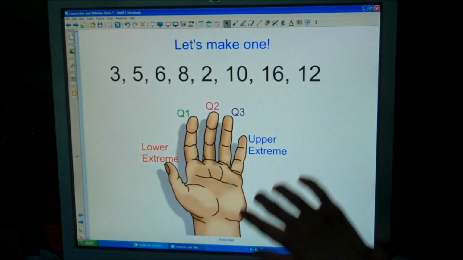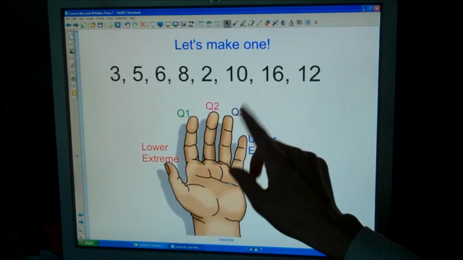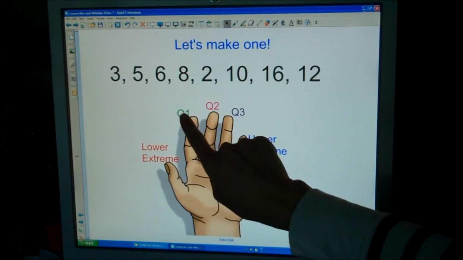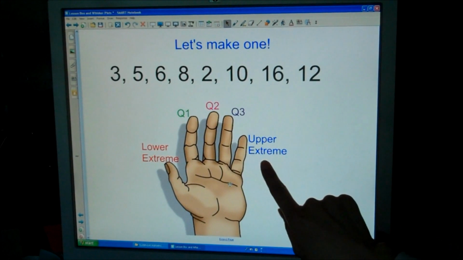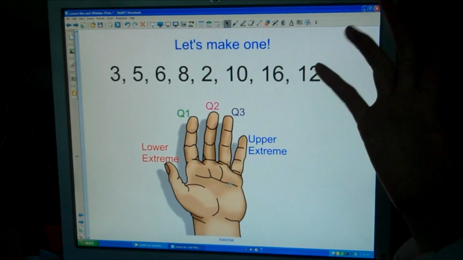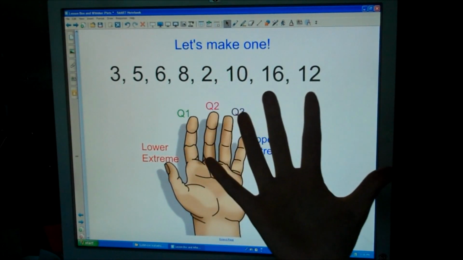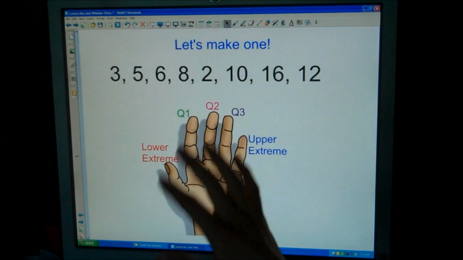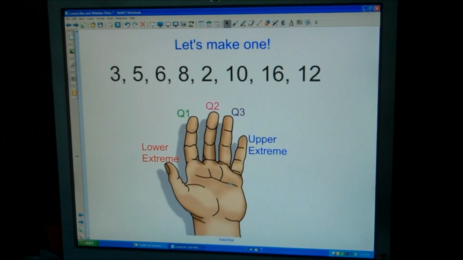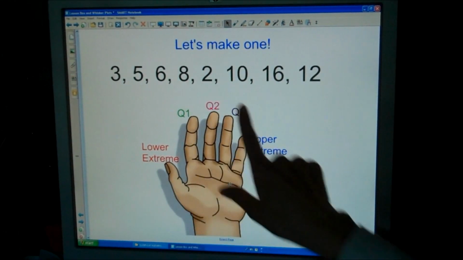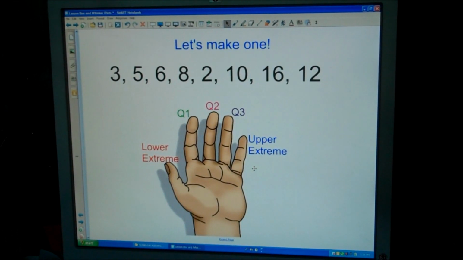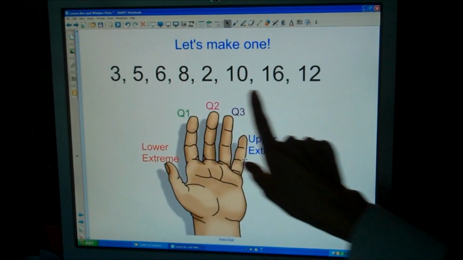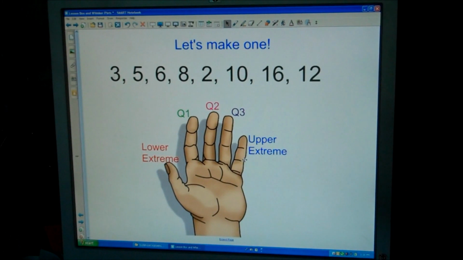Trace it so that you have a hand that looks like this. And I want you to label it. Lower extreme, quartile 1, 2, 3, and upper extreme. These are the 5 pieces that you need to make a box and whisker plot. So I don't care if on the test you have to trace your hand and give me those 5 pieces, because these are the 5 pieces you will need every time in order to make a box and whisker plot. And also, please write down this data, because we need some data to make one.